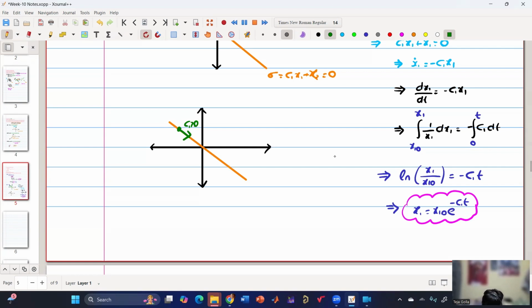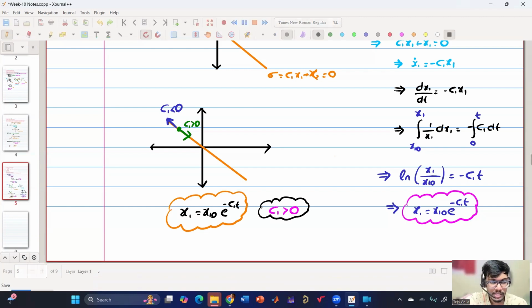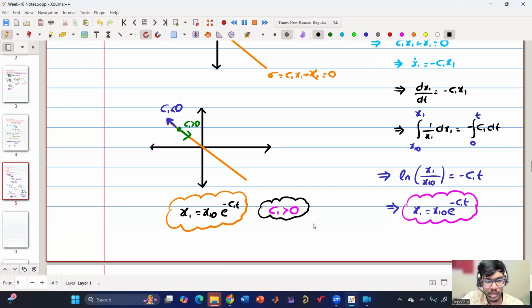Then C1 is greater than 0. But if it is going in this direction, it means C1 is less than 0. Because my solution says x1 equals x1 0 into e to the power minus C1 t. So it will tend to 0 only when C1 is positive. So the system is stable if C1 is positive. If C1 is positive, then x1 will die down and it will reach 0, 0. Else it will keep on increasing and go away from the equilibrium point if C1 is negative.